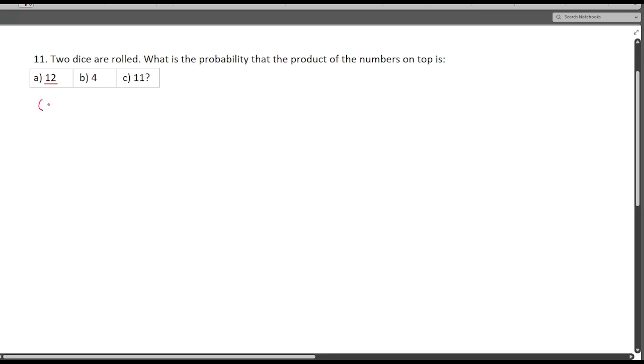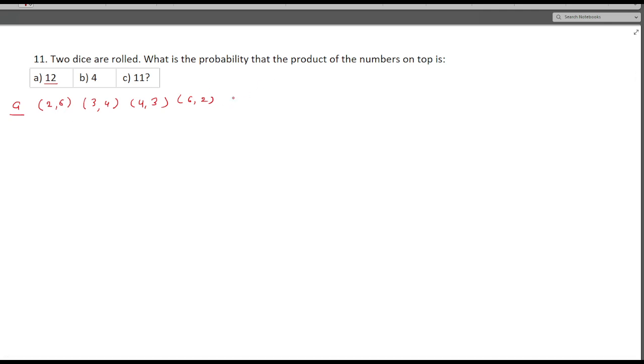So here is the list. 2, 6 will give me product as 12, 3, 4 will give me product as 12, and 4, 3 will also give me product as 12, and 6, 2 will also give me product as 12. So this is for A. I have 1, 2, 3, 4 outcomes out of total 36 outcomes.